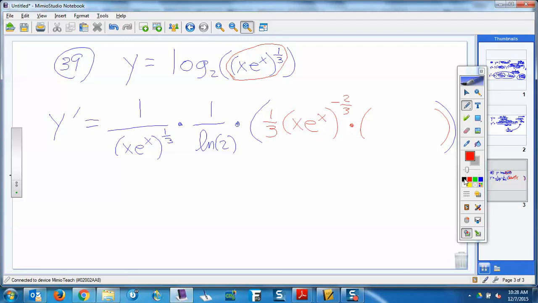Now we're looking at the black part right there, and now we're looking at a product rule. So the derivative of the first is 1, e to the x left alone, plus x left alone, times the derivative of e to the x, e to the x.